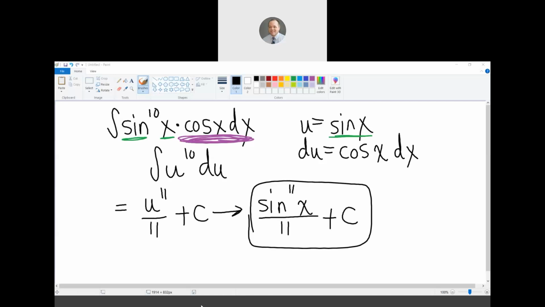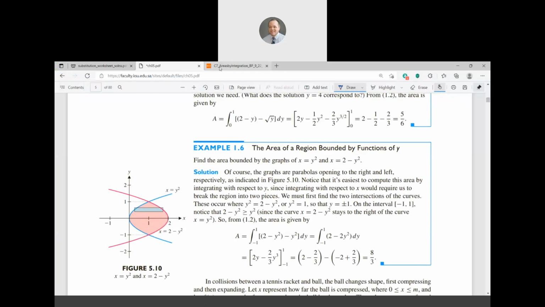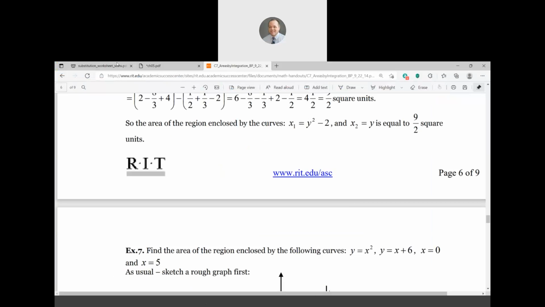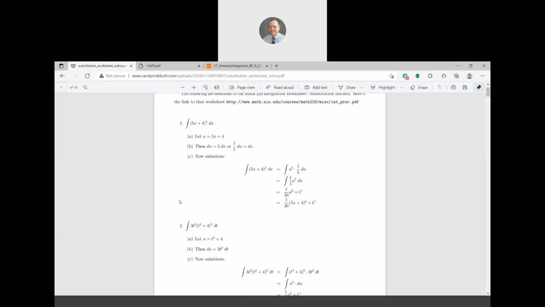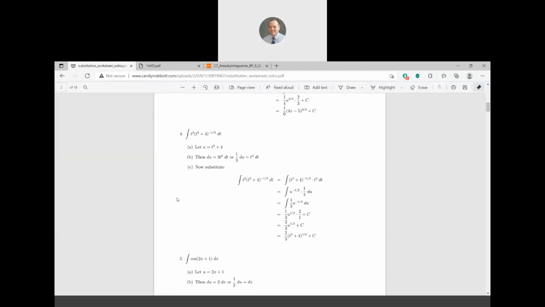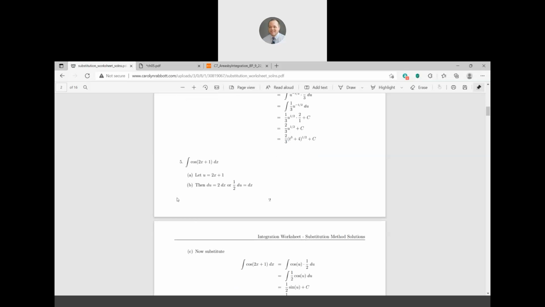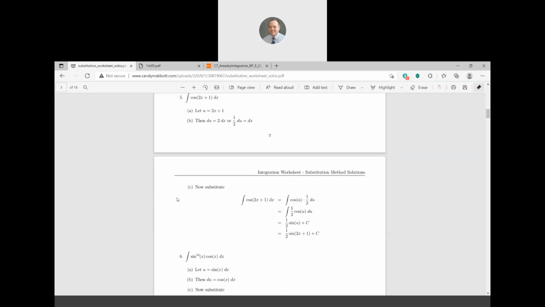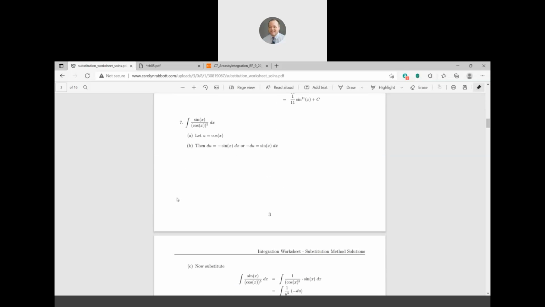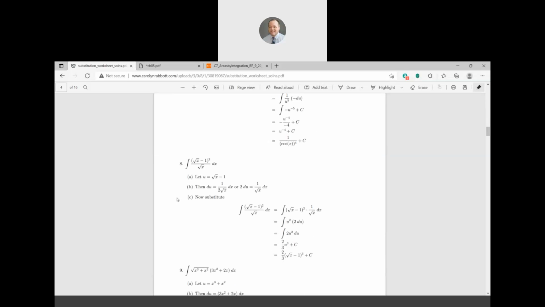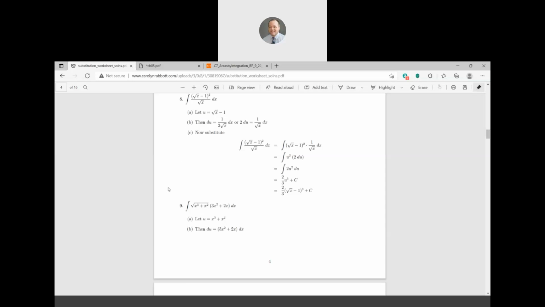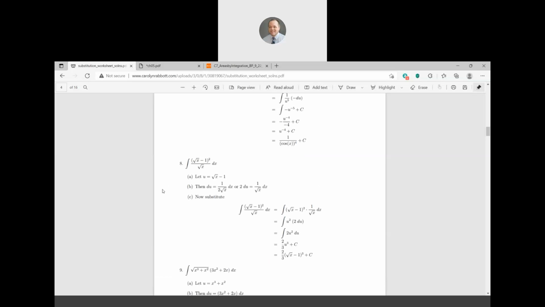Let's look at one more example in which you have to use substitution. Let me see if I can find a fraction. All right, let's do number 8 here.